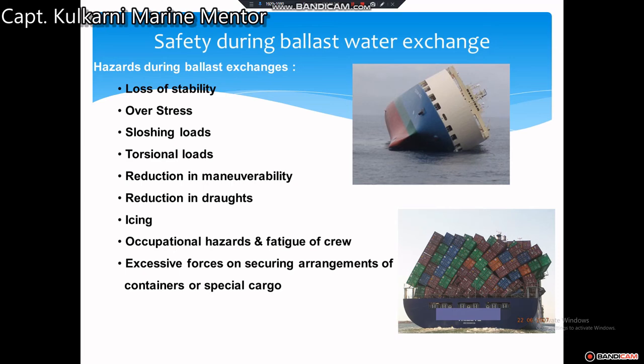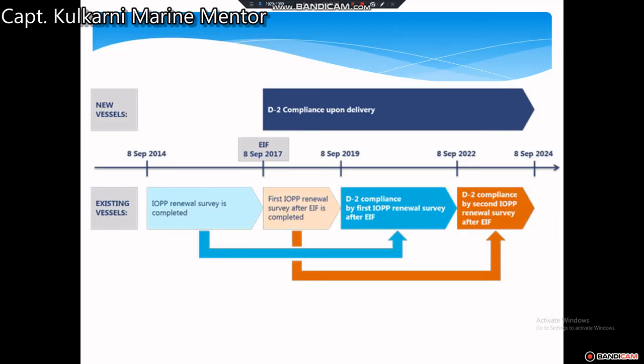Now, talking about how and when this compliance is going to be done. For existing vessels, the IOPP renewal survey is completed. Then first IOPP renewal from 8 September 2019, D2 compliance at the first IOPP renewal survey.